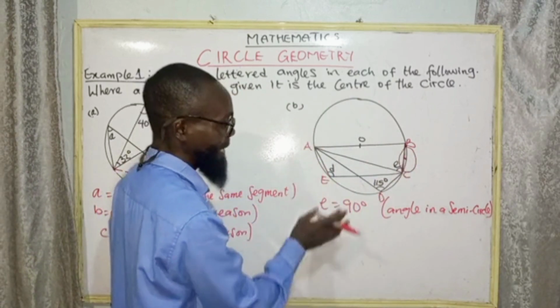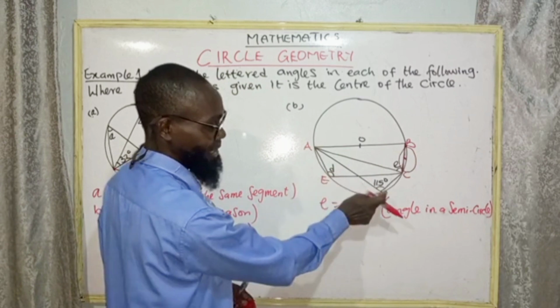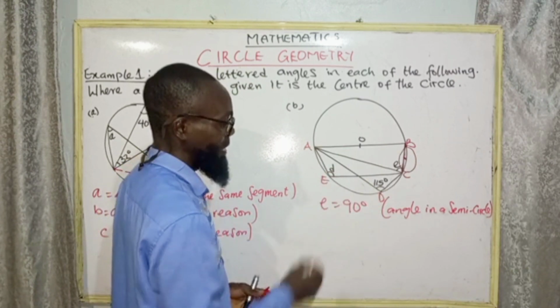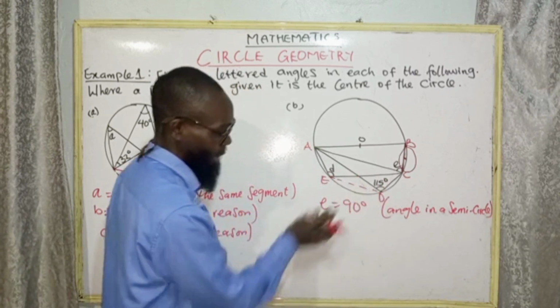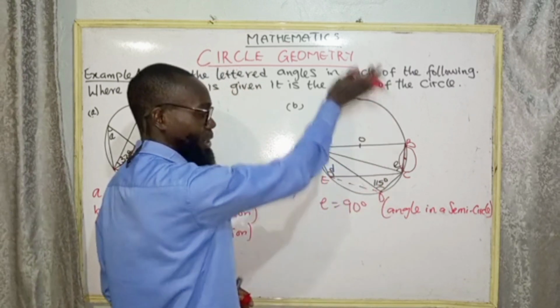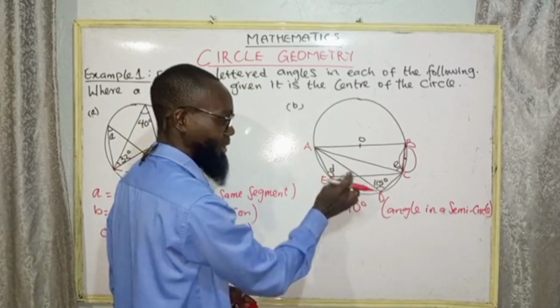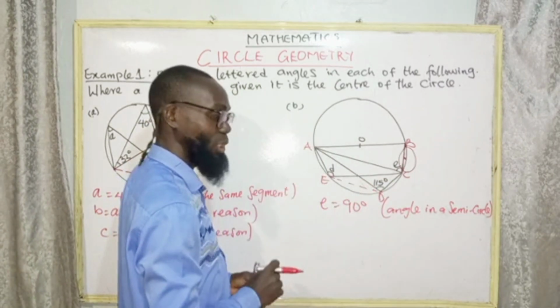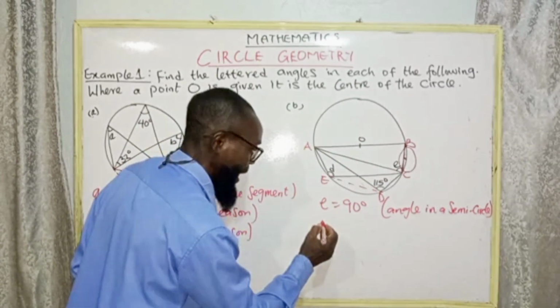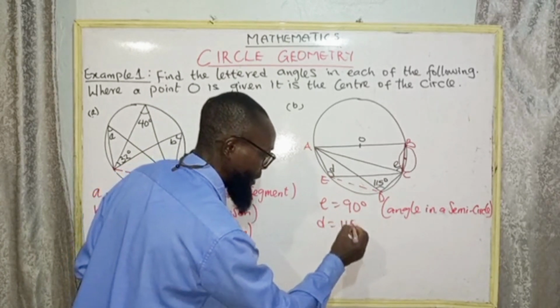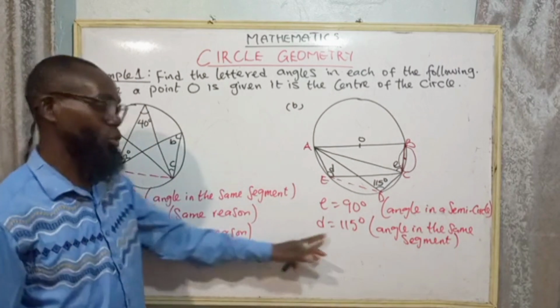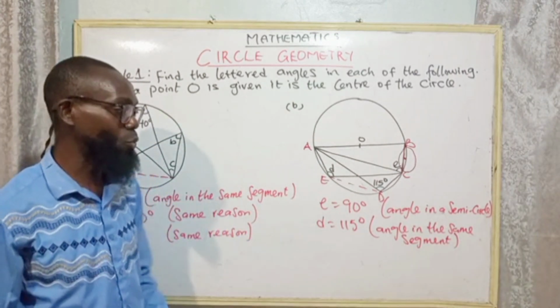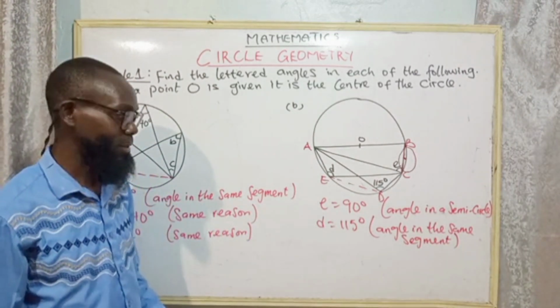So the angle formed in this major segment are D and this. So we have a minor segment here and a major segment. So D and 115 degrees, they are on the same segment. That is, angle D is equal to 115 degrees. Reason, angle in the same segment. So D is equal to 115 degrees.